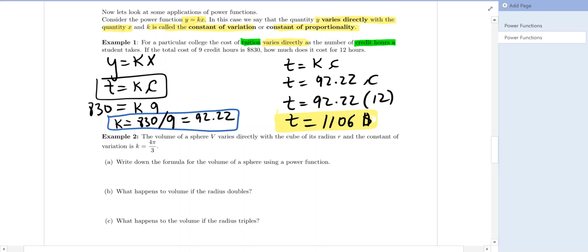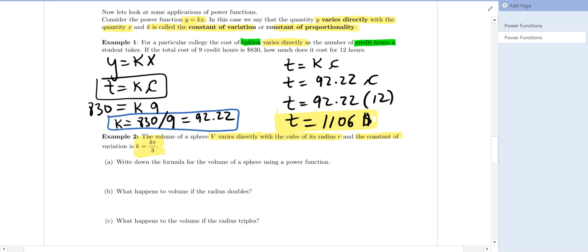Now, let's look at another example. The volume of a sphere, V, varies directly with the cube of its radius, r. And they tell you that the constant of proportionality is k equals 4 pi over 3. So y varies directly with the radius, but it says it's cubed.